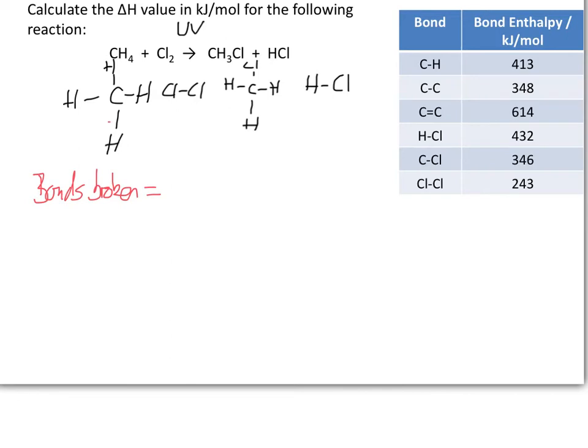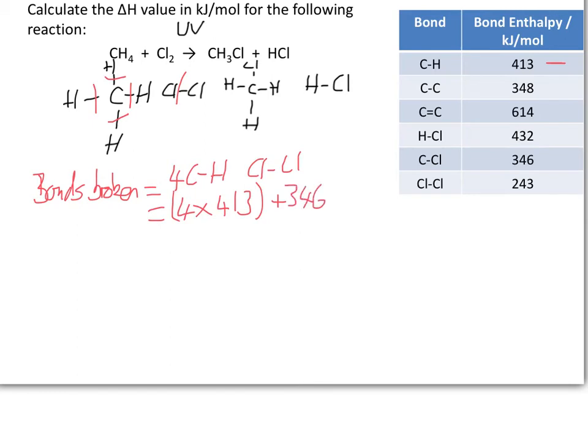We're going to break 1, 2, 3, 4 C-H bonds, and we're going to break 1 Cl-Cl bond. So here's 1 Cl-Cl bond. Right, now we can work out the amount of energy that's required to do that. So we've got 4 times 413, and the amount of energy required to break the Cl-Cl is 346.